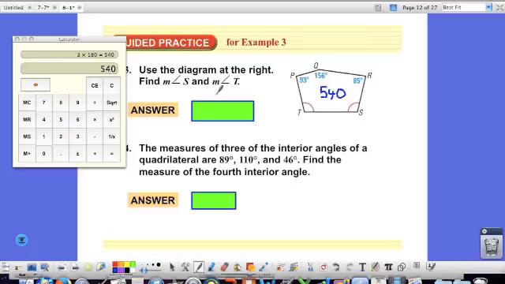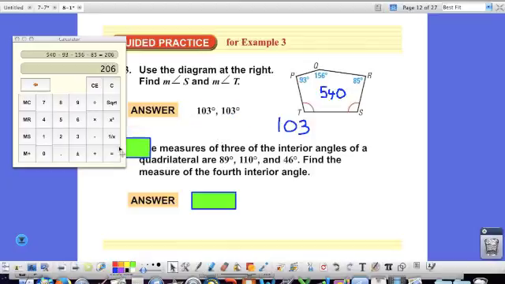So if I start at 540 and I subtract 93 and I subtract 156 and I subtract 85, I get that the 2 remaining angles have to add up to 206. Since there are congruent marks there, they're obviously equal, and half of 206 is 103. So S and T are both 103 degrees.